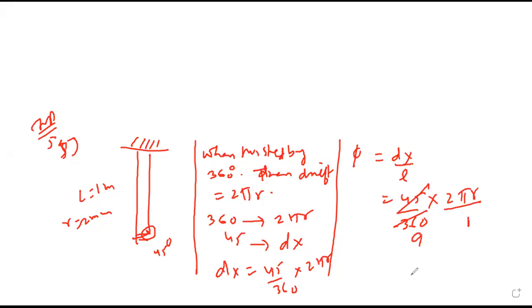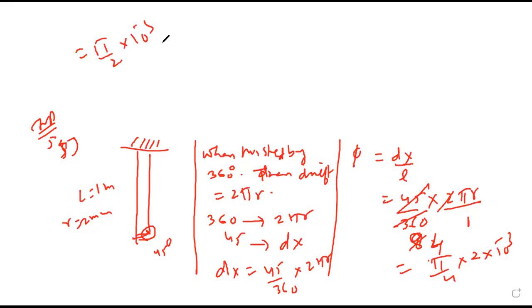45 into 8, 8 into 5 is 40, so this will become 2 into 4, pi by 4 into 2 millimeter, means 2 into 10 raised to minus 3. That means pi by 2 into 10 raised to minus 3.